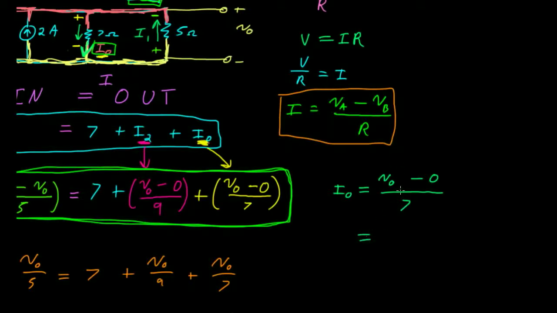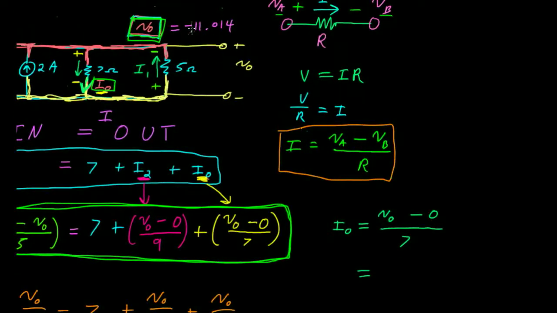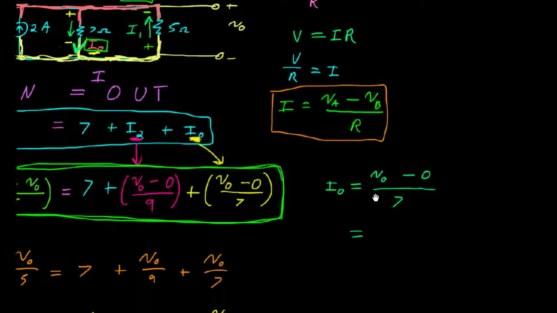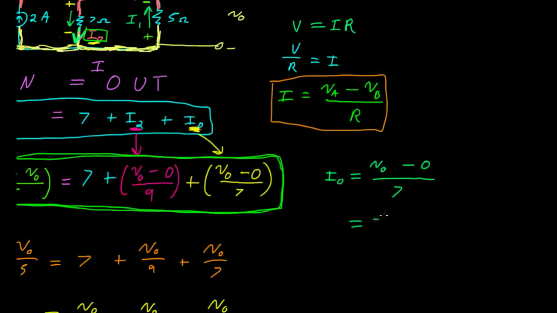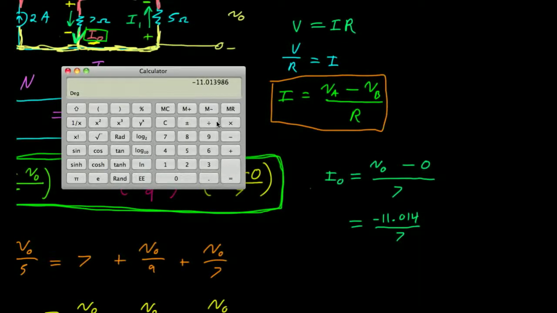So if I simplify this, this is just going to turn into V out divided by 7. And V out is minus 11.014 volts. So this is just going to be minus 11.014 divided by 7. And let's just go back to the calculator. And I'm going to divide that by 7.